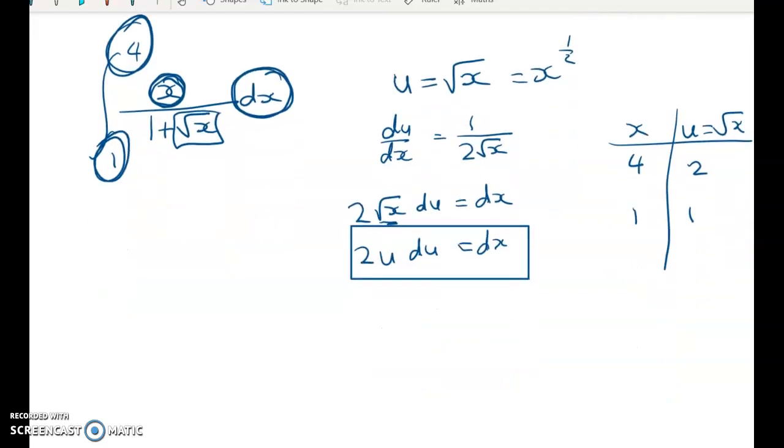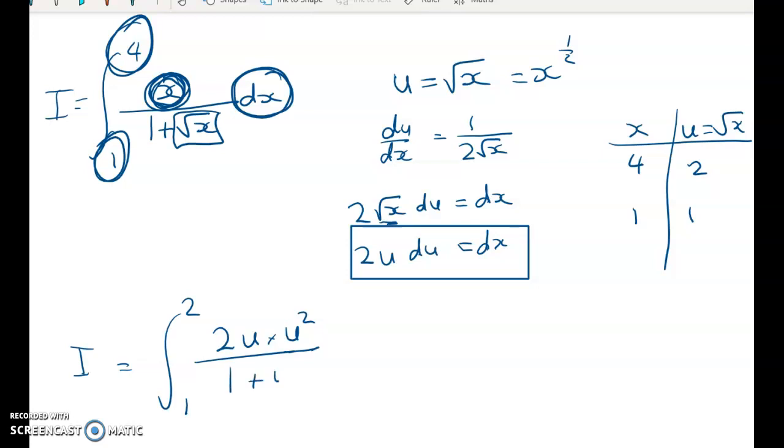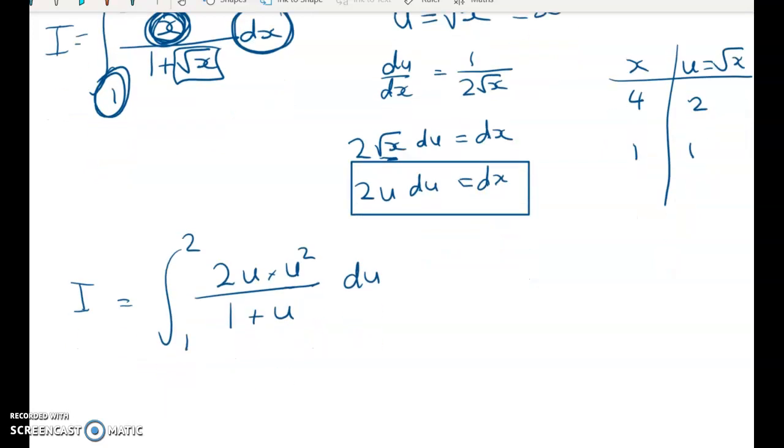Well, that means that this I is equal to the integral between 1 and 2 of 2u, and then this x here is u squared, over 1 plus u du.